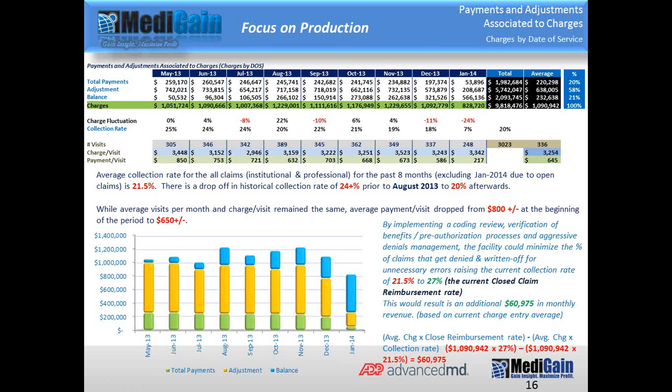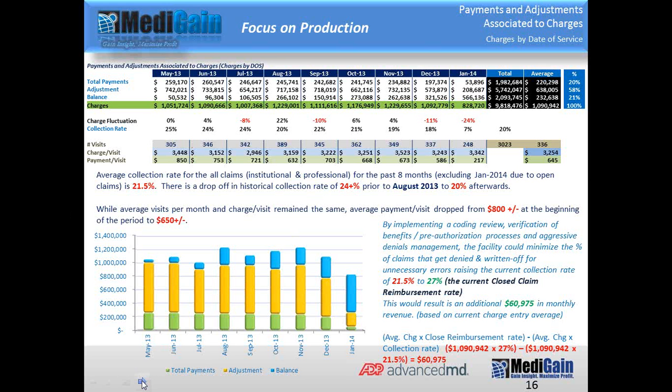And if you glance down at the bottom right-hand corner of the page on the screen, this particular practice had a 21.5% overall collection rate, but if we excluded AR and write-offs, and we just looked at their closed claim collection rate of 27%, that's the average of their best claims, and the difference between the two is about $60,000. So that would be the top target for improvement.